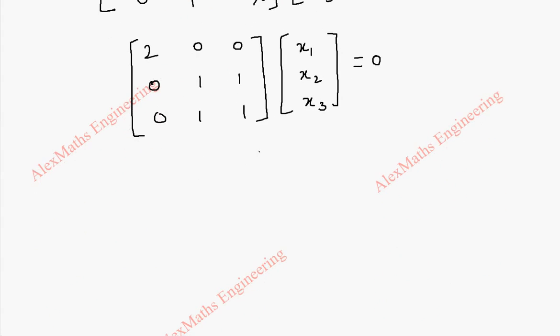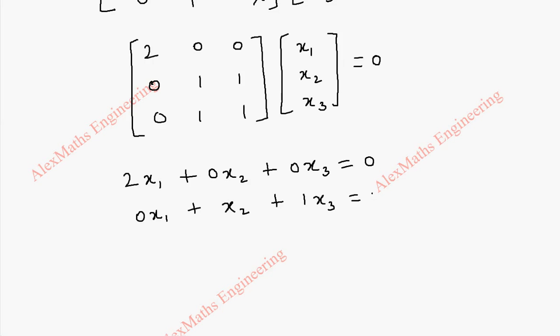Now when we multiply, this is 2x1 plus 0x2 plus 0x3 equal to 0, and the second row will become 0x1 plus 1x2 plus 1x3 equal to 0.